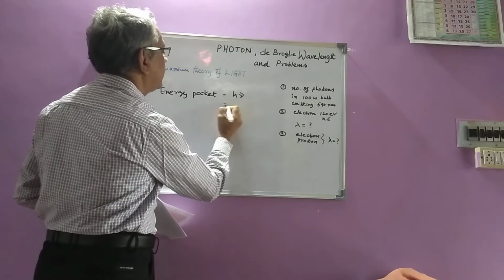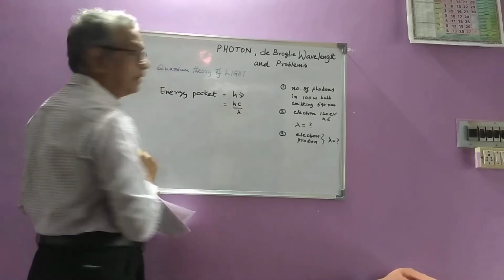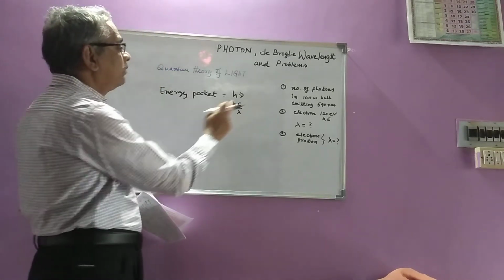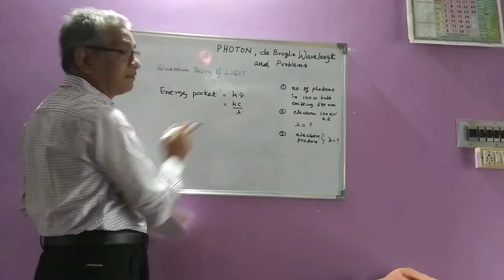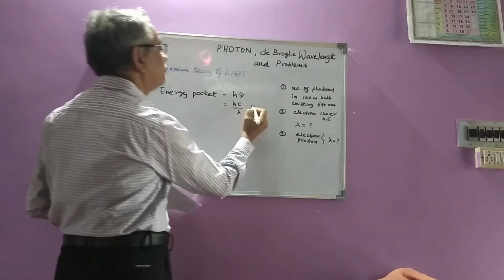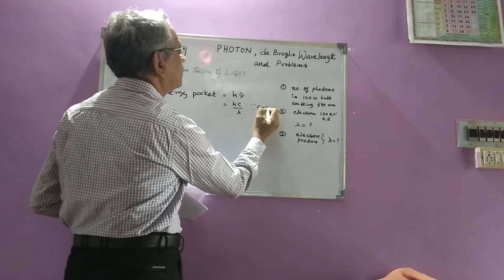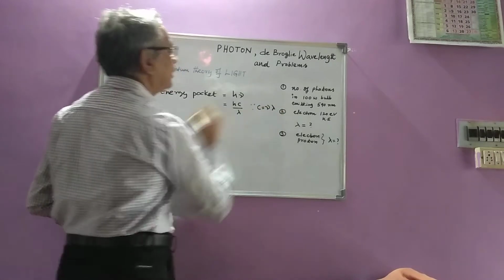This can also be written as hc by lambda. Frequency can be written in terms of velocity of light c divided by lambda, because you know the formula c is equal to nu lambda.